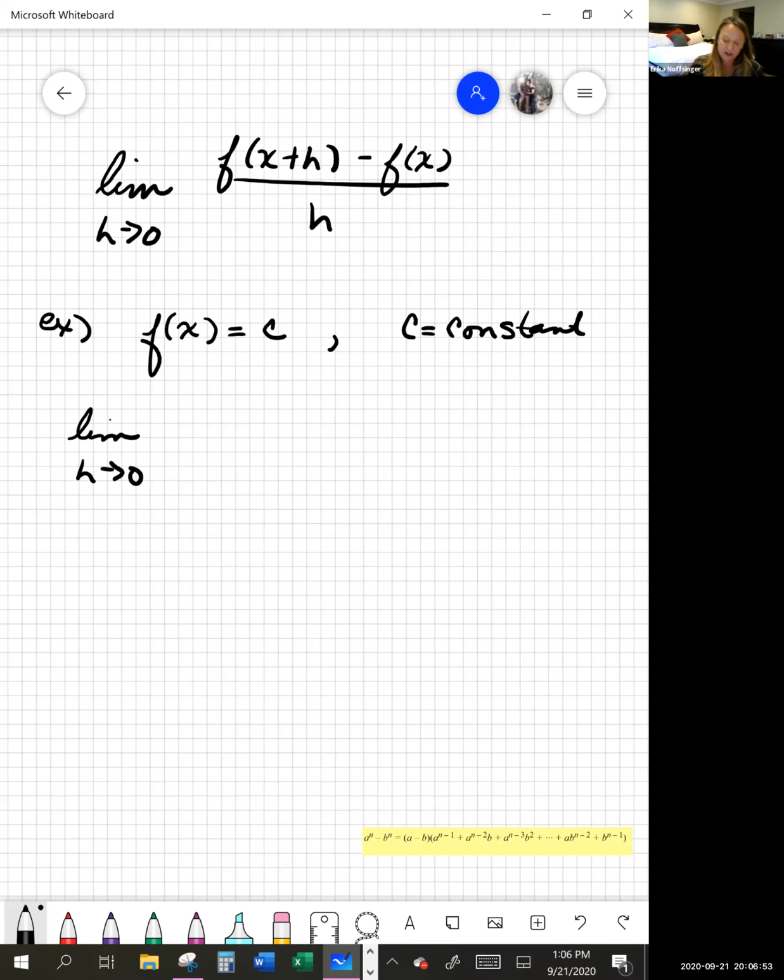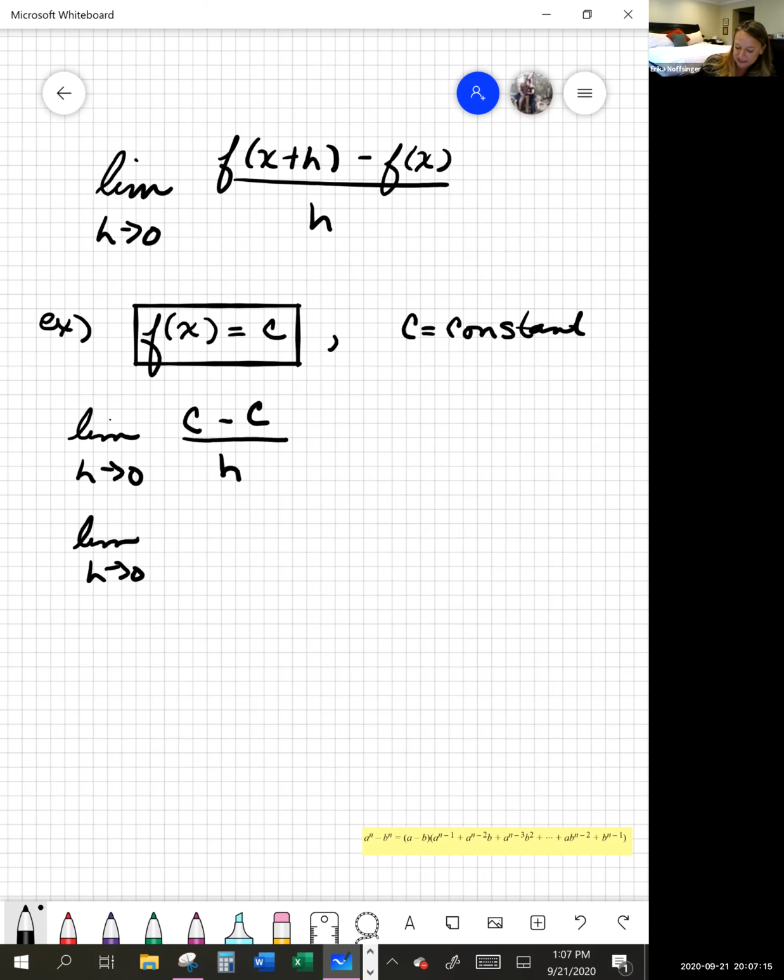When we plug in x plus h wherever we see an x in this function, well, it's a constant, so there is no x. And so we would just put in here c minus our f of x function, which is also c, all over h. And so this is a limit as h goes to 0.